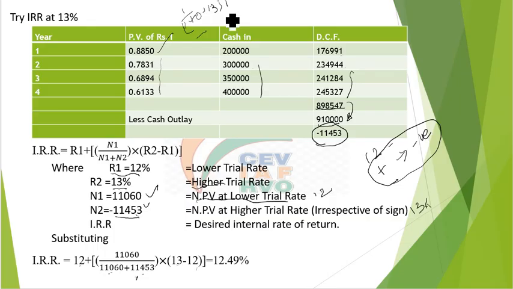Here, though the value is minus 11453, take this value as positive. So this value comes out to be 12.49%. So it means if you calculate the value at 12.49, the net present value will be equal to 0.